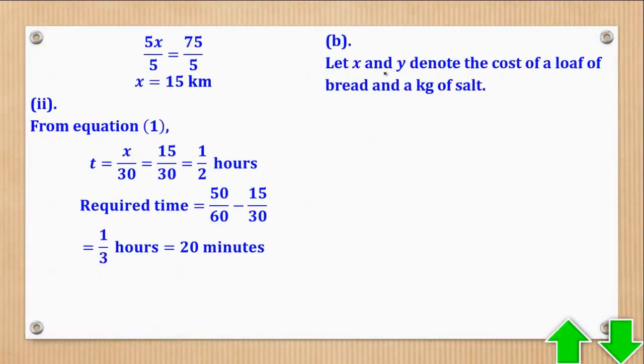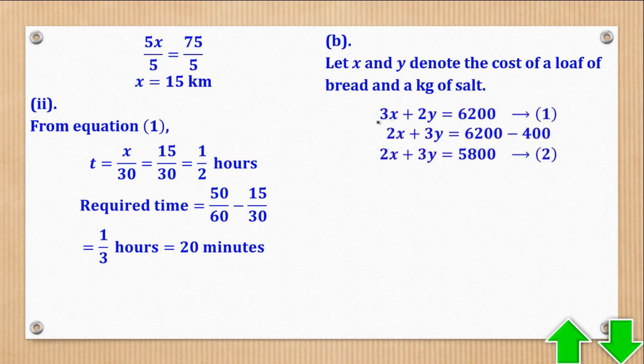So let x denote the cost of a loaf and y denote the cost of a kilogram of salt. So x is for a loaf of bread and y is for a kilogram of salt. At first the amount was supposed to be for 3 loaves of bread and 2 kilograms of salt, and it was just enough, meaning the total cost was 6,200.